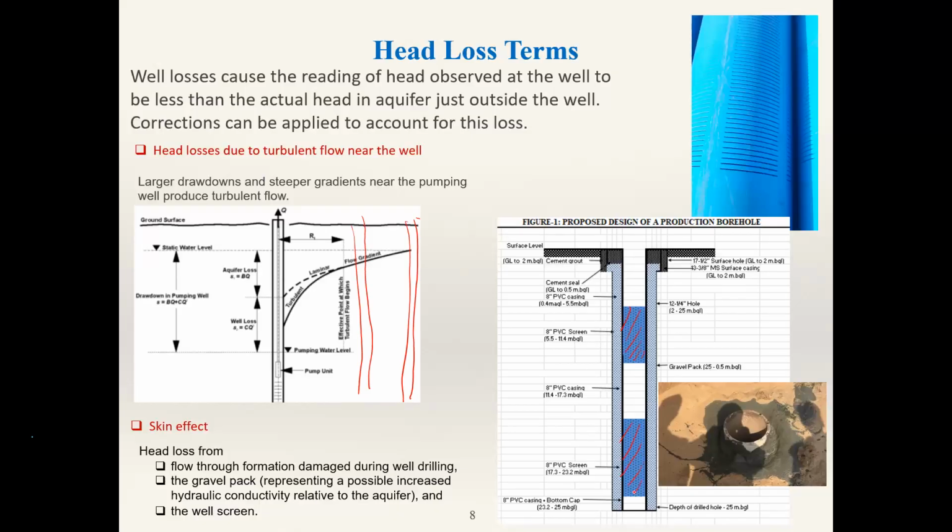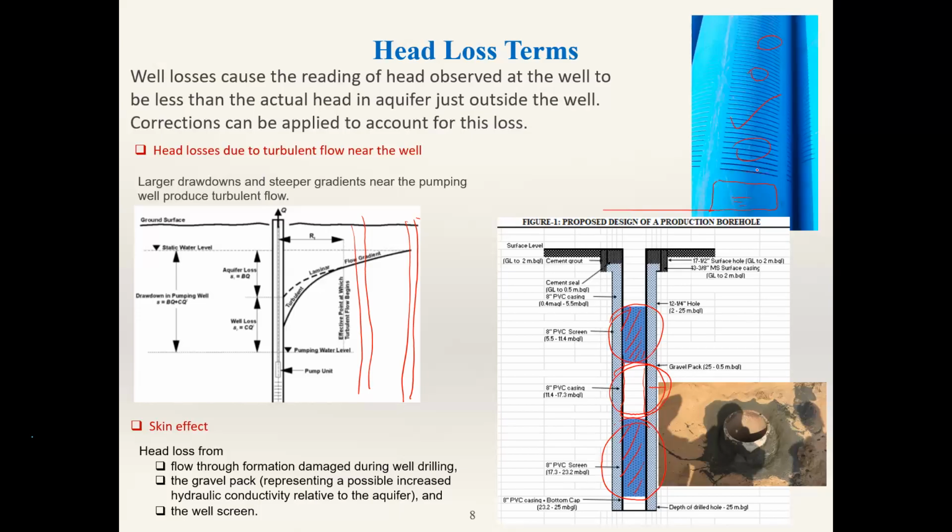This part here in the well is totally covered. Therefore, no water comes into the well from this region. Only from this region that the water comes into the well. That is, we call the screen. So these are the screens that you see in this figure. But in this region, you see, there are no screens, so the water cannot come in.